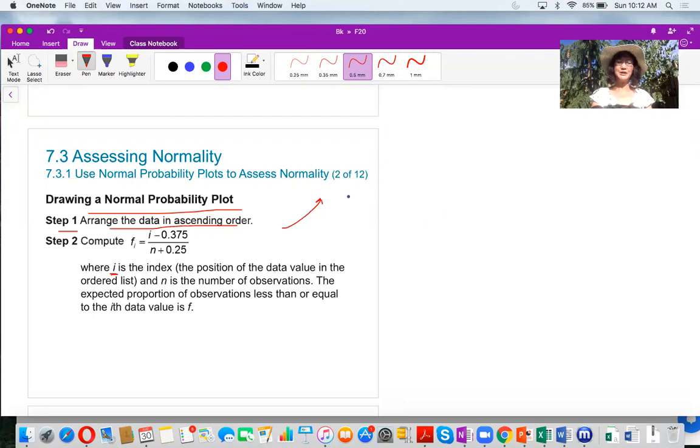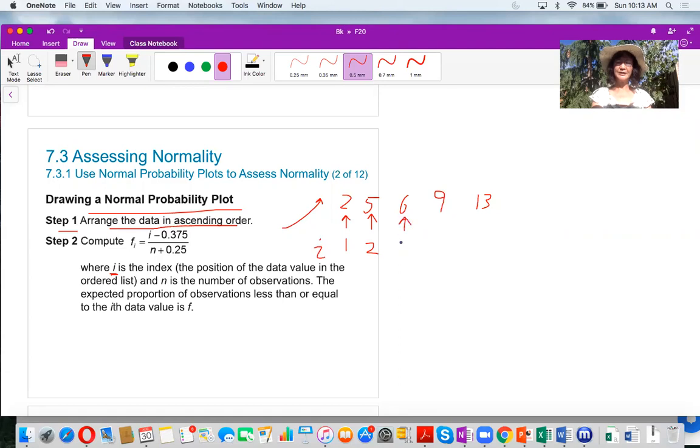For example, if you have an ordered data list, from the smallest to the largest, suppose this is the data list. What is i? i is the position of each data value. So the i for number 2 is 1 because number 2 is in first position. i for number 5 is 2 because 5 is in the second position. Those indicate the position.